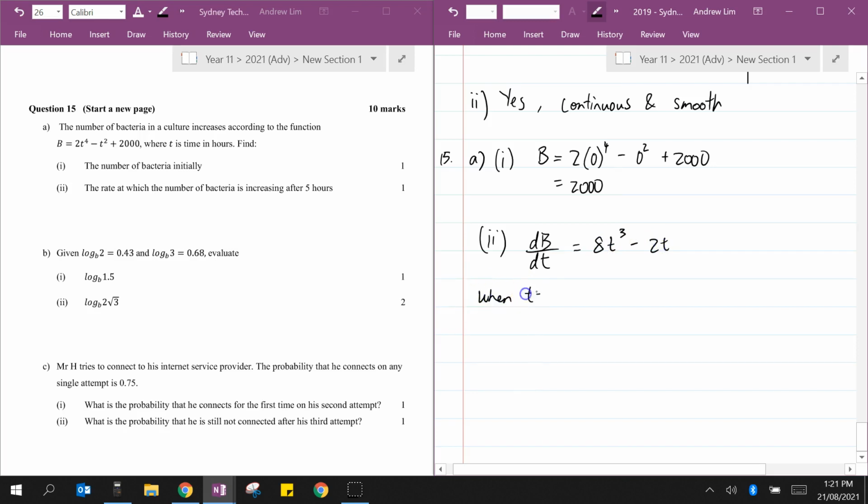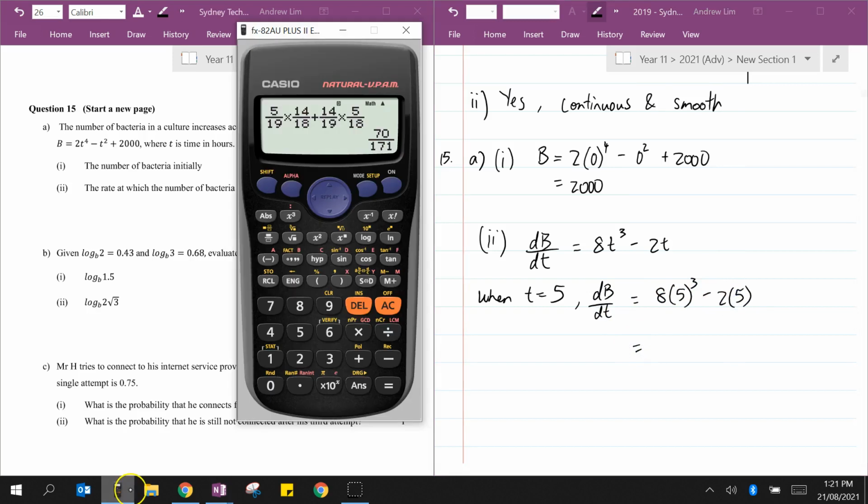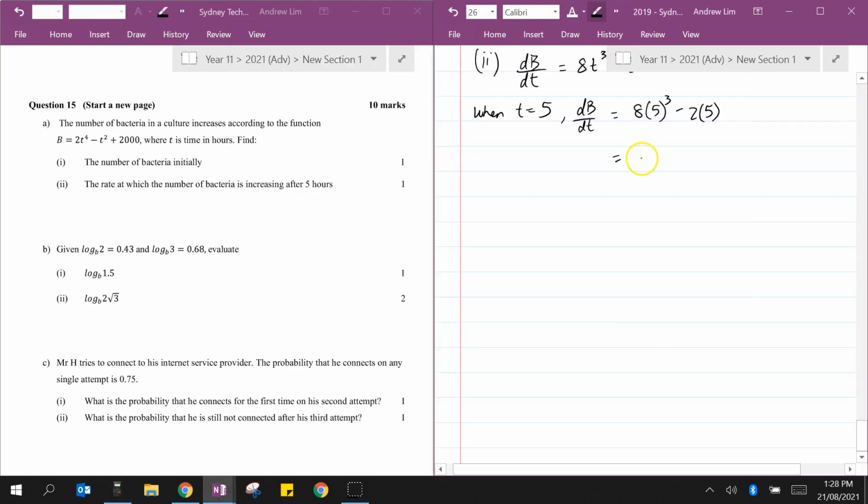So when t is equal to 5, because the question says 5 hours, the rate is going to be 8 times 5 cubed minus 2 times 5. And that's equal to 990 bacteria per hour.